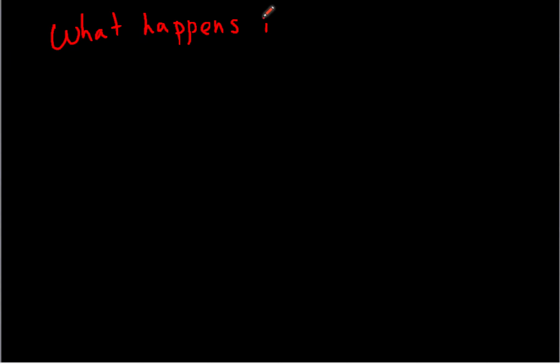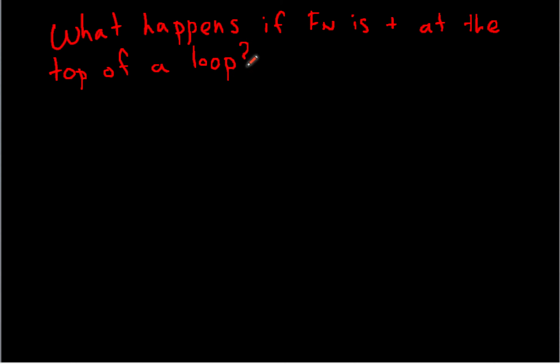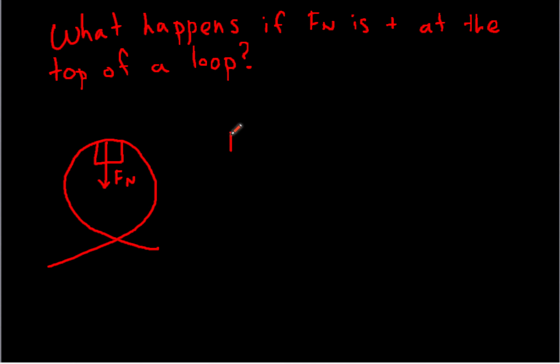What happens if Fn is positive for the top of a roller coaster loop? Here's our loop. And we know that because surfaces always push on objects, Fn has to be down, coming out of the surface.